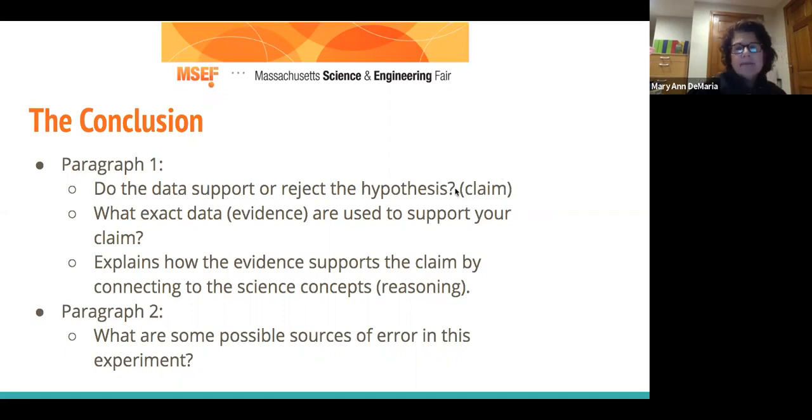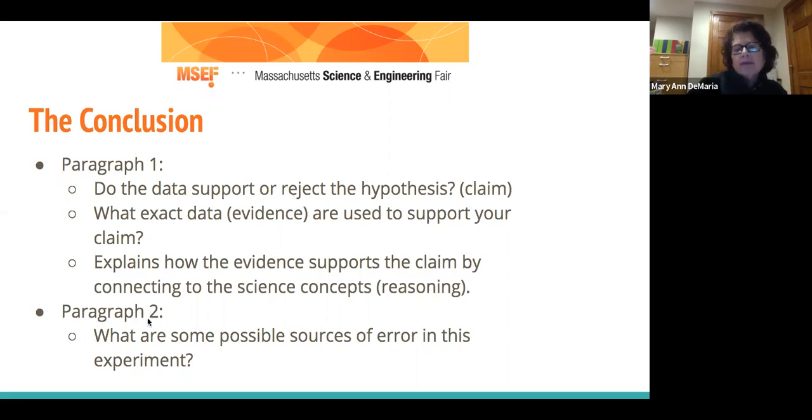What exact data are you using to support that claim? And then you also have to explain how the evidence supports the claim by connecting to the science concepts, and that's your reasoning. So anybody doing claim, evidence, reasoning, it's embedded right in your first paragraph.